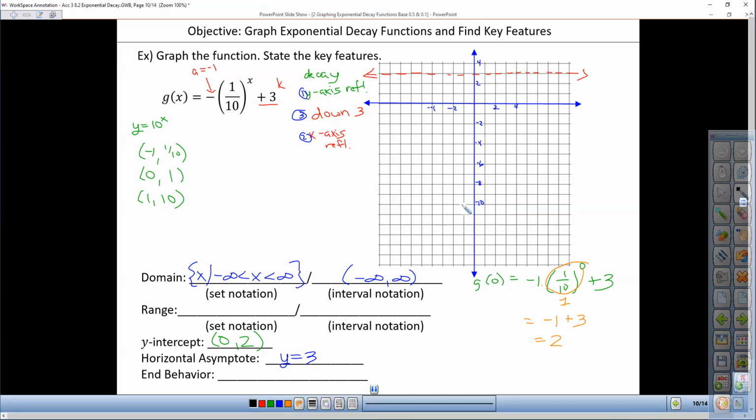Now it's at (-1, -10), and then it moves down 3, 1, 2, 3. So it's actually here at -13 for y. Then I have my (0, 1). So it flips for x below. It stays where it is for the y reflection, and it moves down 3, 1, 2, 3.